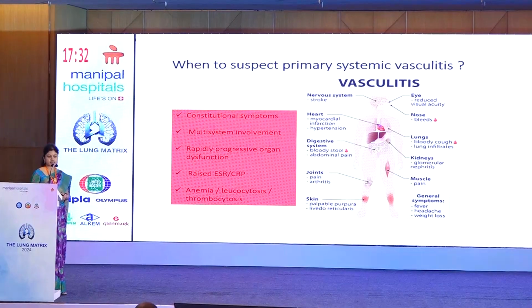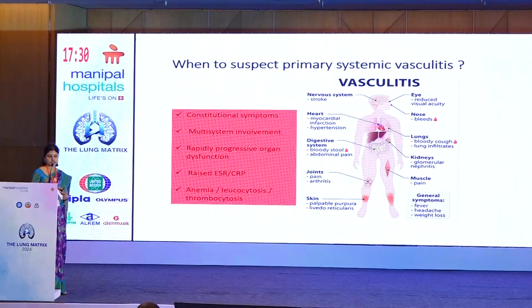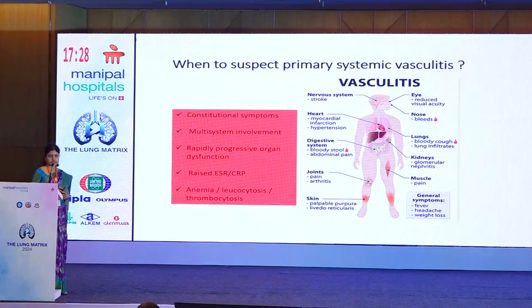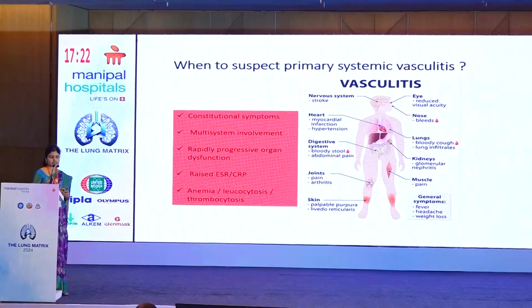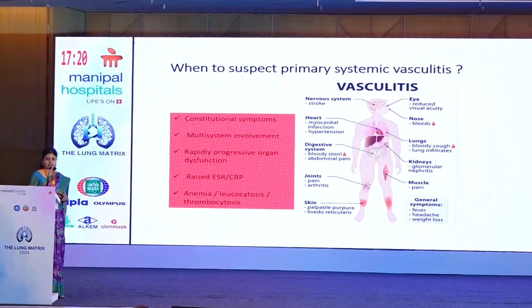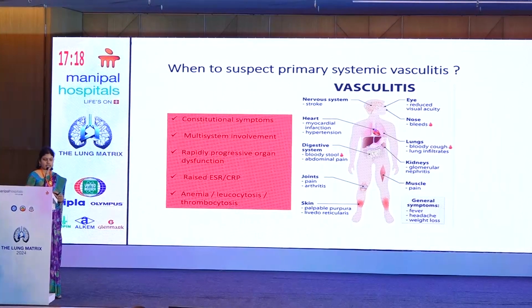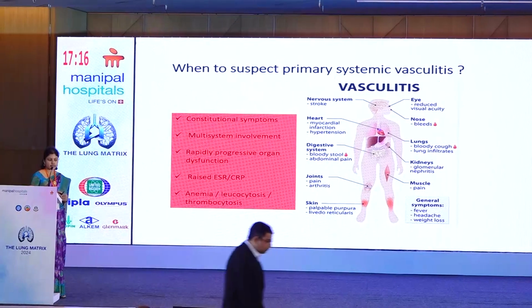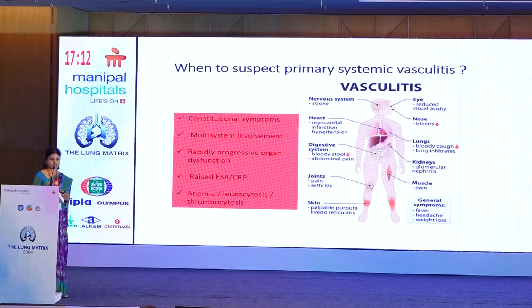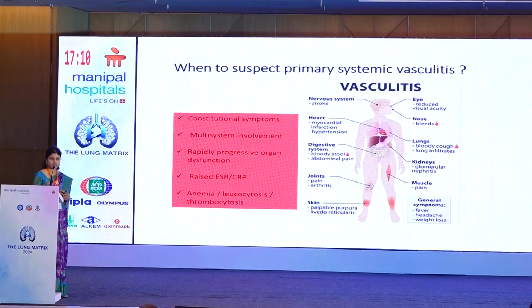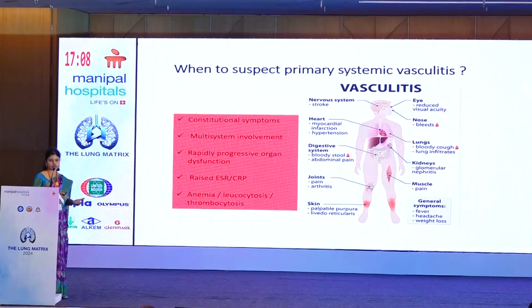When do we suspect a primary systemic vasculitis in a patient? Whenever the patient has constitutional symptoms in the form of low-grade fever for a longer time, severe myalgias, arthralgias, fatigue, weight loss, and whenever there is multi-system involvement and rapidly progressive organ damage, and the blood shows raised inflammatory markers, that is ESR and CRP, and CBC showing anemia with leukocytosis and thrombocytosis.